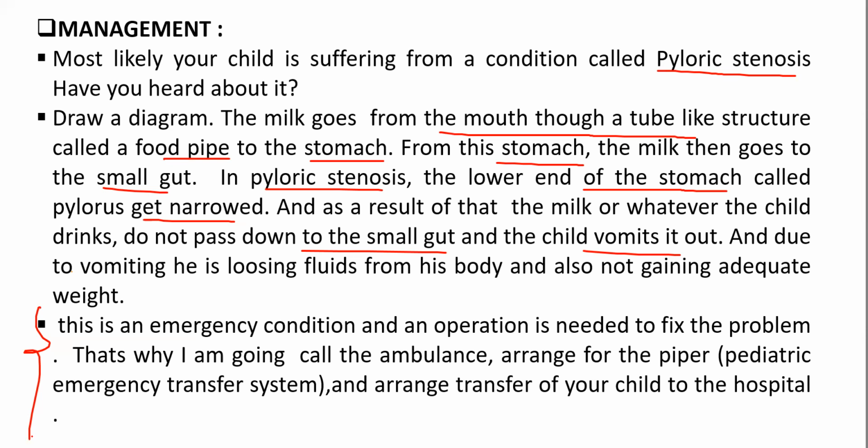So you can't just wait for an ambulance to come. It depends. If the child doesn't look that unwell, not severely dehydrated, you can use a roadside ambulance. If the child is severely dehydrated, looks unwell, very malnourished, you have to use an air ambulance for the child to go to the hospital.